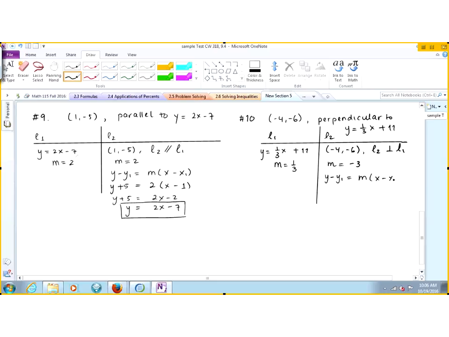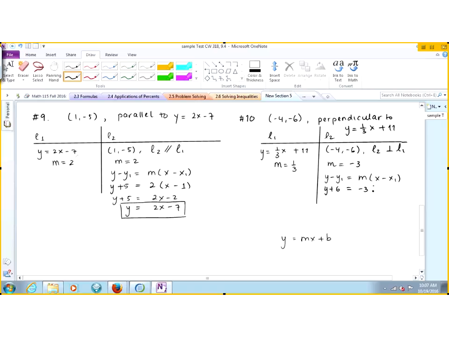Y minus y1 is equal to m times x minus x1. Do you know why I don't use this equation? Do I have a y-intercept here? Is this a y-intercept? No, the x is not 0, so this is not a y-intercept. Yes? So y minus y1, what is y minus y1?